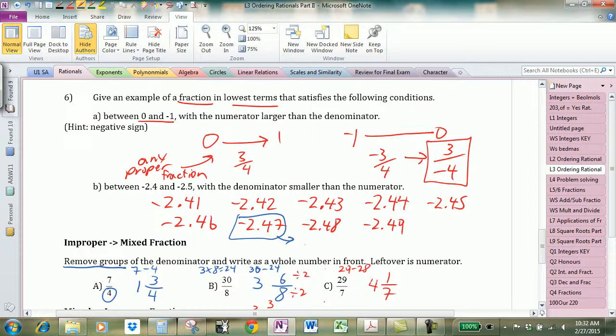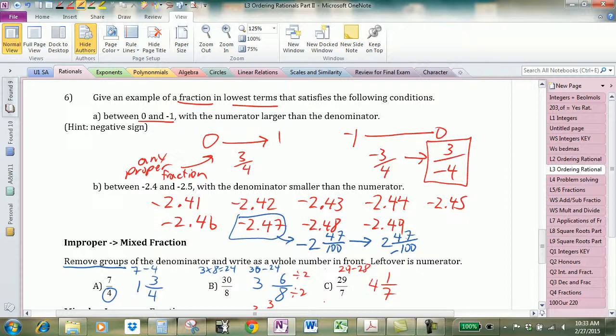So convert that to a fraction, please. 2 and what? 47 over 100. Now what they want is the denominator to be smaller, so where do they want the negative sign? In the bottom. Now personally I'd never write it there because you're going to forget about it, but that's what the textbook wants for their answer. Okay. So those two are kind of some weird questions, but they do have some valid points with coming up with fractions. And that's the only reason why I assigned them.